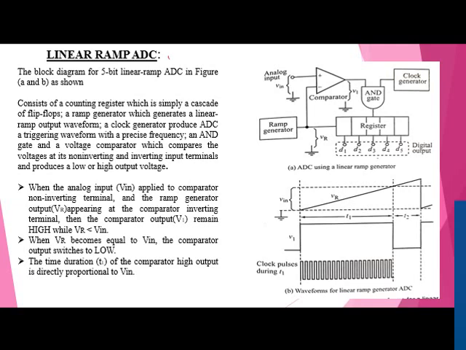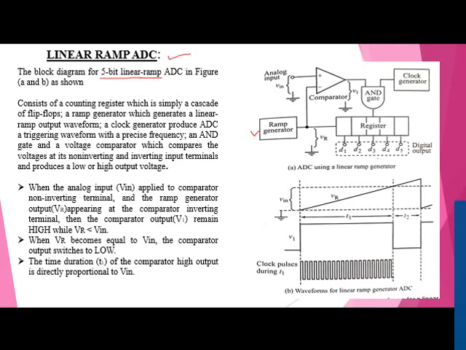Here is one more, the linear ramp ADC. The block diagram of a 5-bit linear ramp ADC is shown in figures A and B. It consists of a counting register, which is a very simple cascading of flip-flops, and a ramp generator, which generates the linear ramp output waveform.